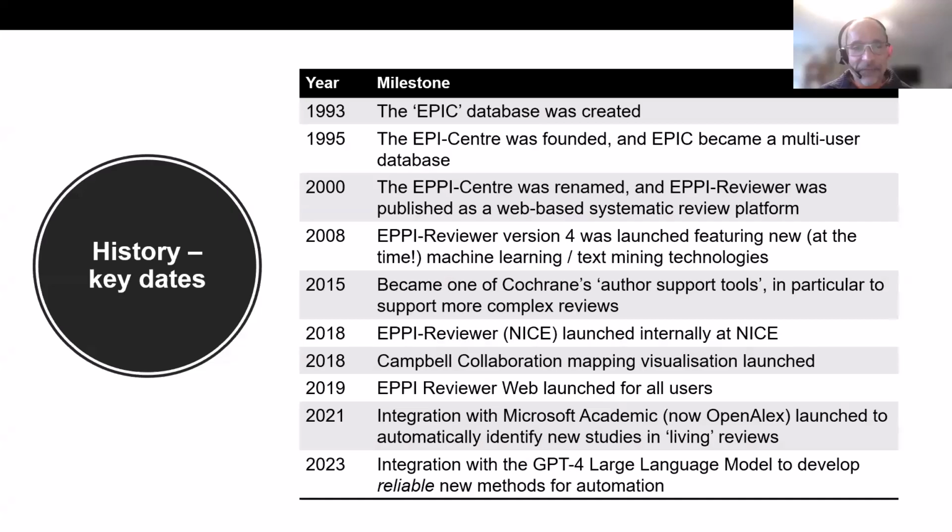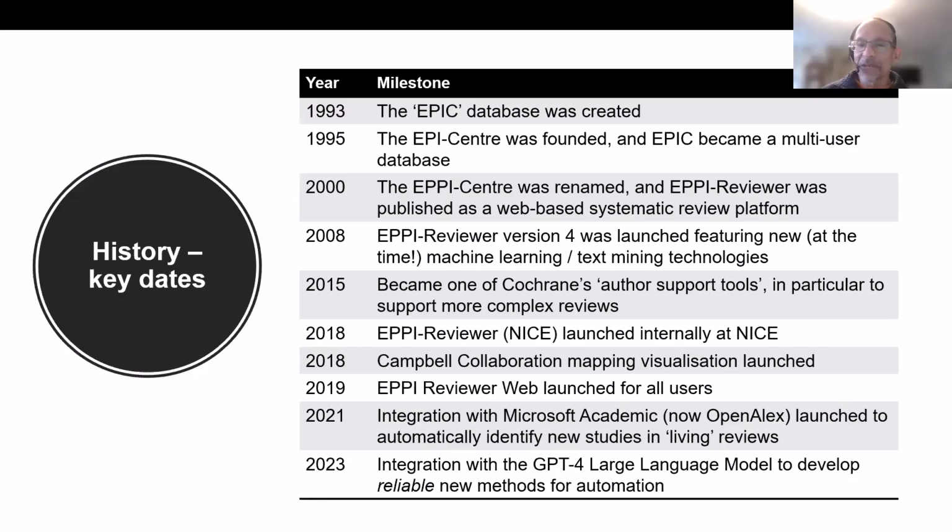So the history, originally it was an in-house tool, a database of references. Within UCL, the Epicenter came into existence and the tool expanded to allow multiple users to concurrently access the records. And then eventually became a fully fledged standalone piece of software offered to other users. Some of you may have used EPPI Reviewer version 4 before.